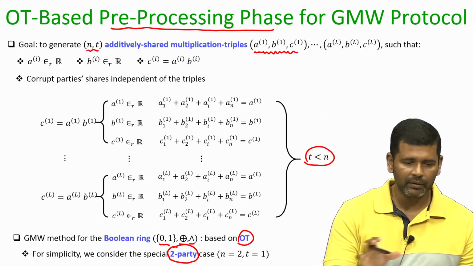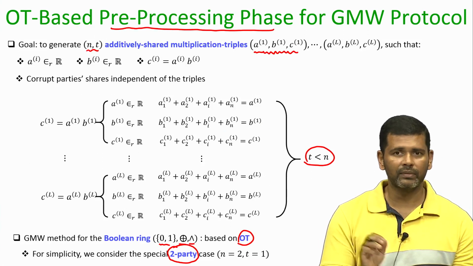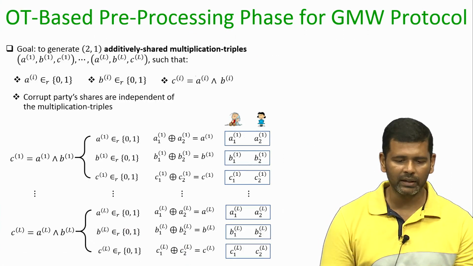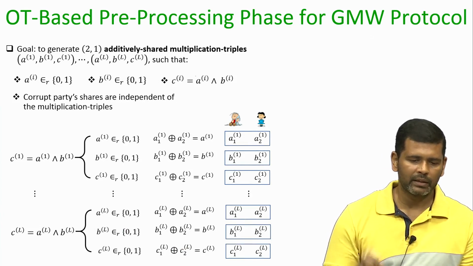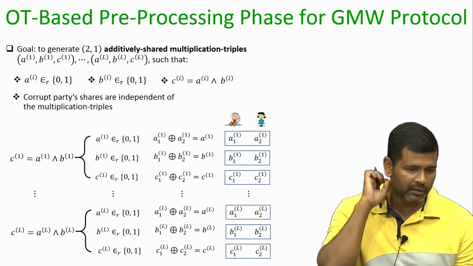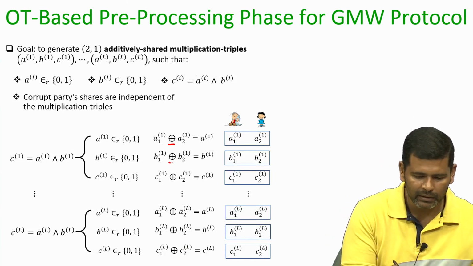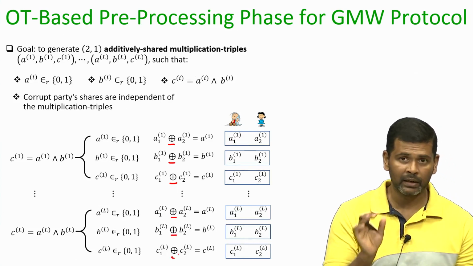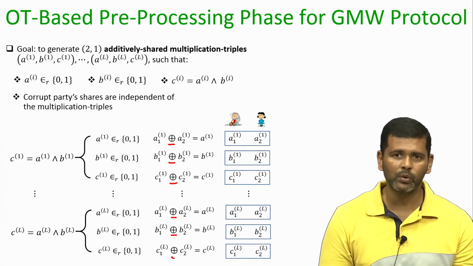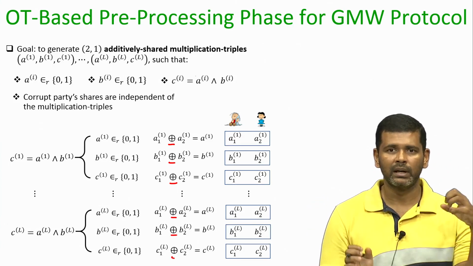So, that means now if I rephrase the goal of the pre-processing phase for the two party case and for the Boolean ring, our goal is the following. We want to generate additively shared random multiplication triples, and by additive sharing I mean that each party should have the share of the underlying value, and there are two parties because I am talking about the two party case, such that the XOR of their shares should give you the underlying value.